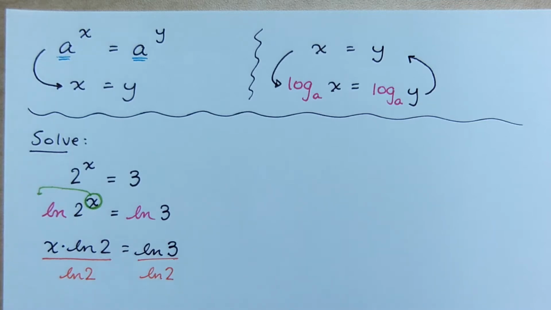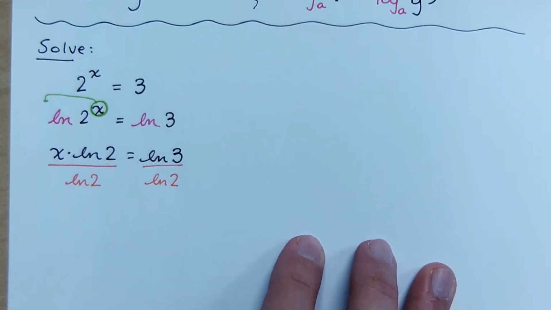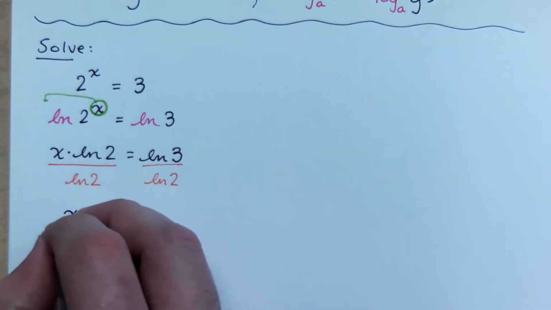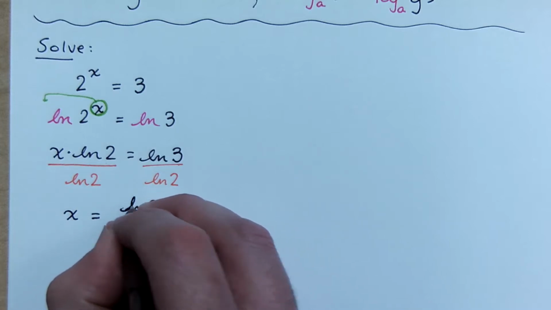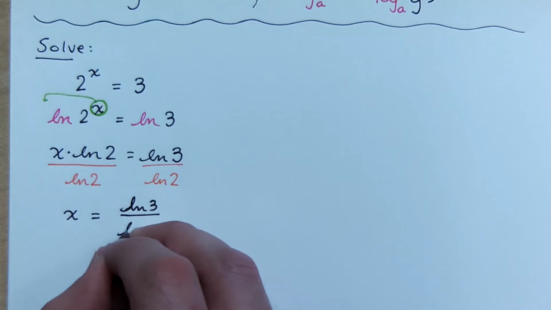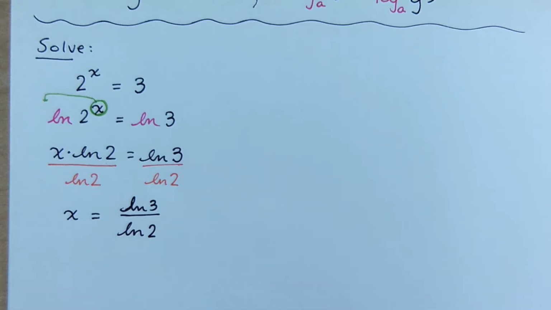It's not made up of natural log and 2. It's the natural log of 2. So it's a single value, a single expression. And so this means that I have x is equal to the natural log of 3 over the natural log of 2.